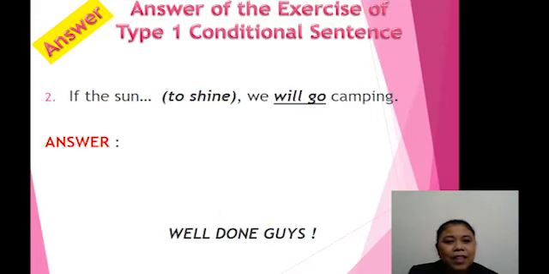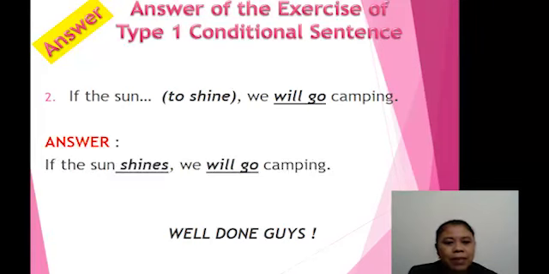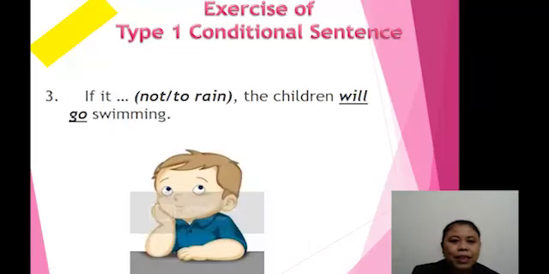Okay, the answer is: if the sun shines, plus s. Don't forget to add s because the sun here is a singular subject, so the verb must be added with s. If the sun shines, we will go camping. Very good. Let's go to the next exercise.